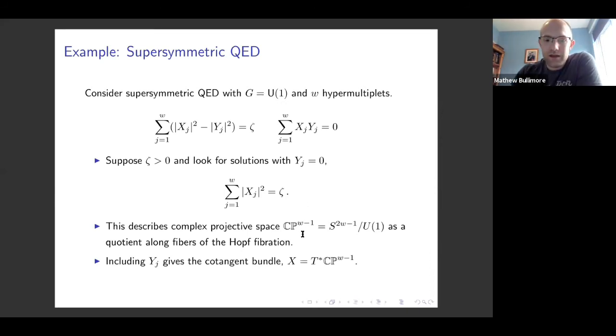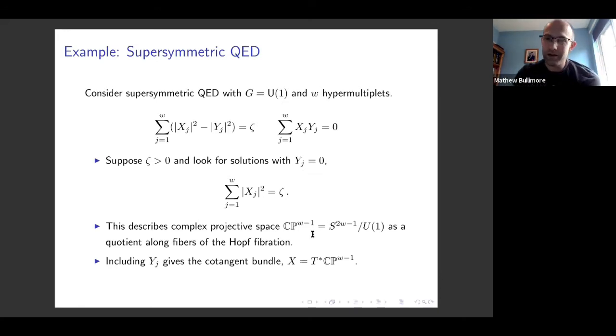If you think about this algebraically, you can roughly think about the x's as homogeneous coordinates on the complex projective space. If I then try to put back in the y coordinates, well, I've got the complex equation here, and that tells you that the y's want to be in the cotangent bundle to whatever the x's are.